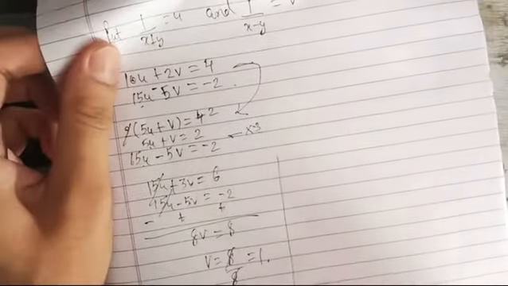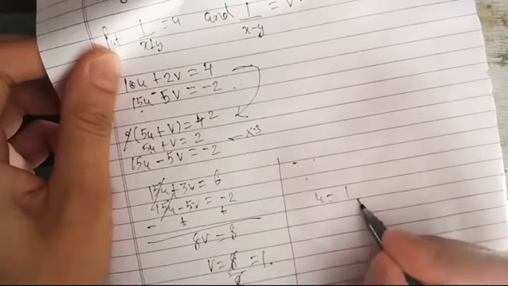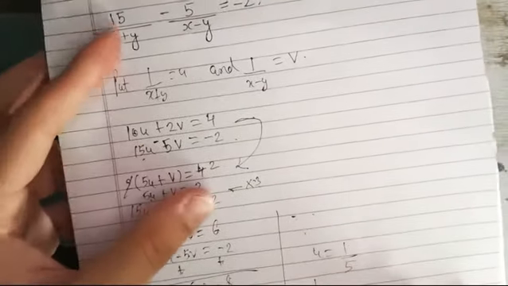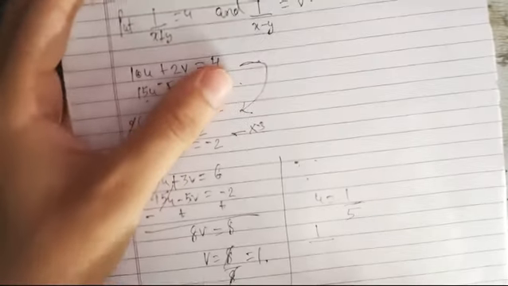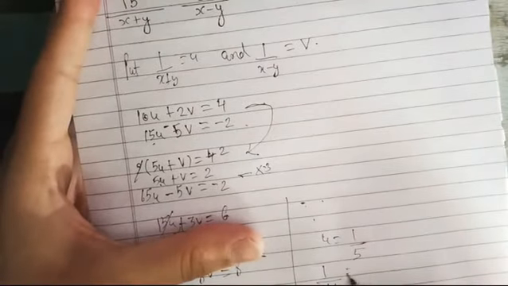Okay, so these two values which we got, since u is equal to 1 upon 5, this implies that 1 upon x plus y. u we have assumed as 1 upon x plus y, so 1 upon x plus y is equal to 1 upon 5.